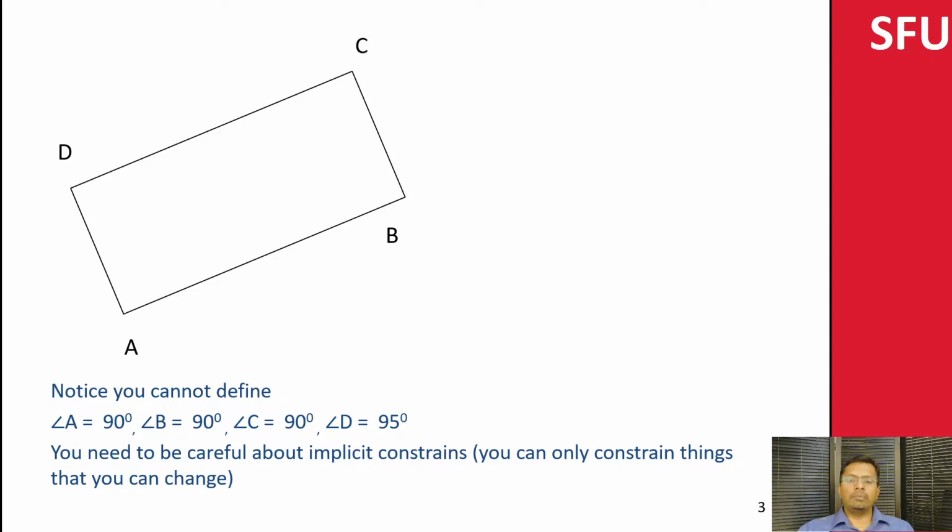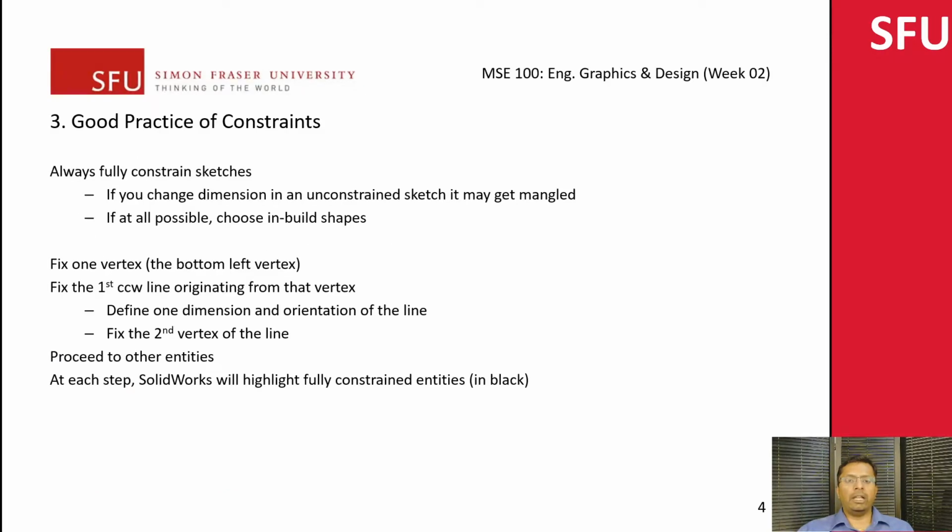So let's look at some best practices for constraining. We always want to fully constrain our sketch. That means if you change the dimension, you don't want things to get mangled up. If possible, choose built-in shapes, which makes it easier. But for our exercise, we might try to constrain the sketch ourselves and see what actually happens.